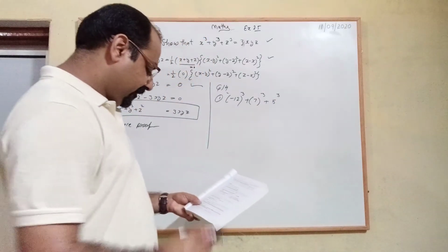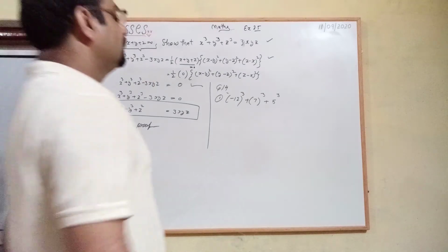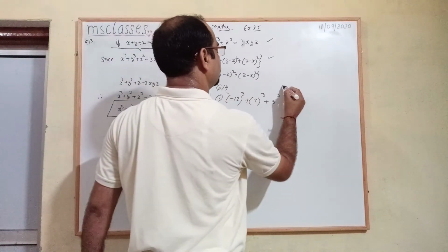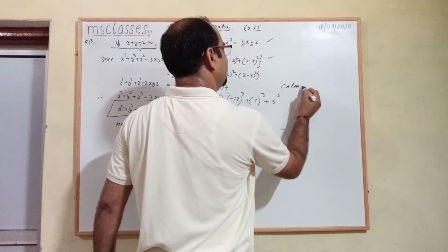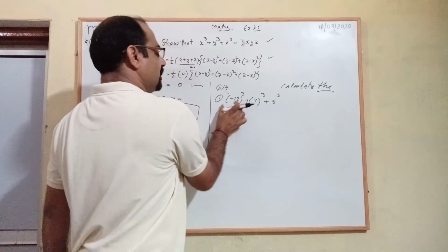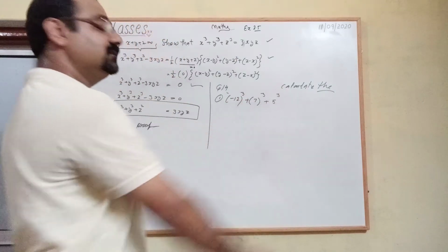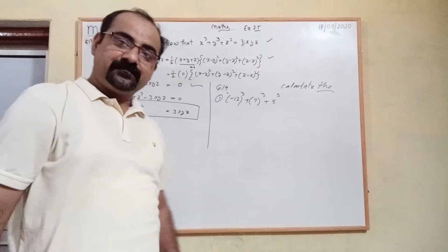You have to calculate the cube. Calculate the minus 12 cube plus 7 cube plus 5 cube without actual cubing.